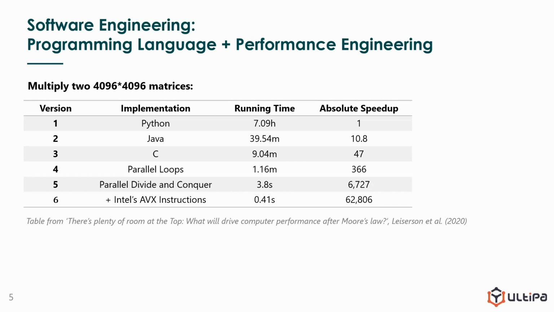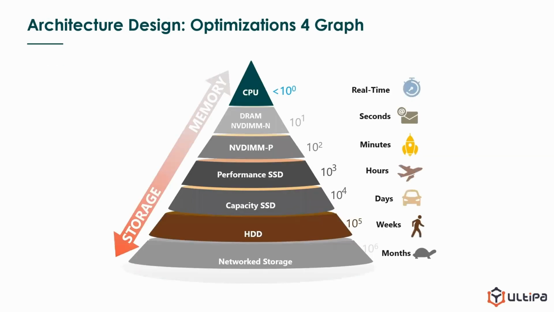Other than data structure and software engineering, system architecture optimizations are also crucial in elevating system performance and algorithm efficiency. We will illustrate 4 key points to make a graph system fly. First, storage in close proximity to compute.